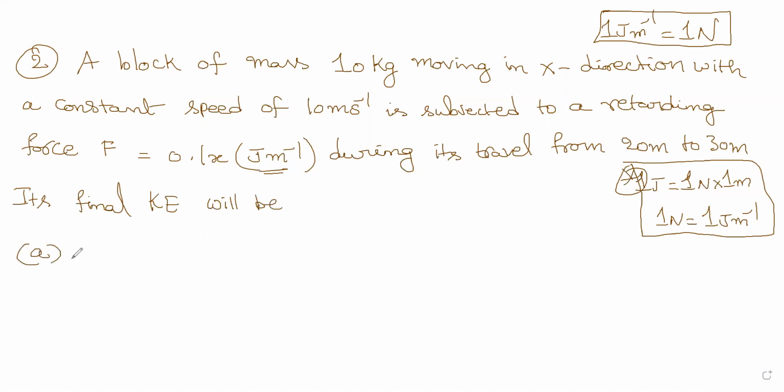They have given the options. Option A, 475 joules. Option B is 450 joules. Option C is 275 joules.